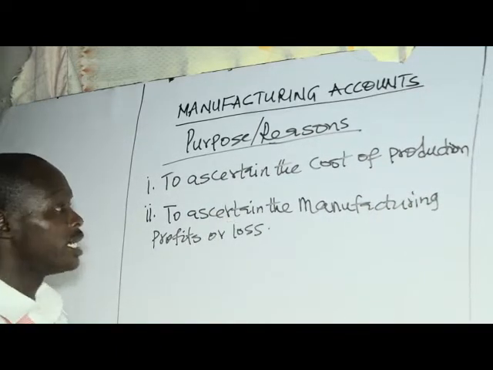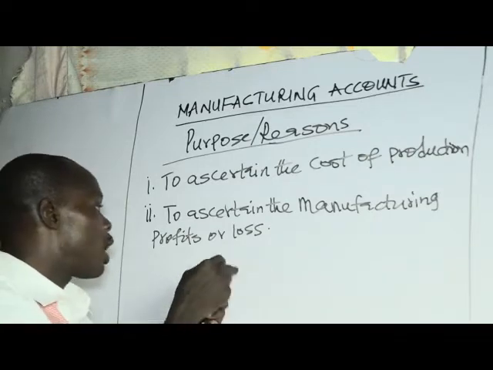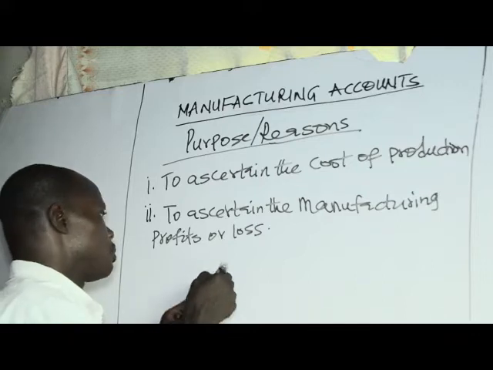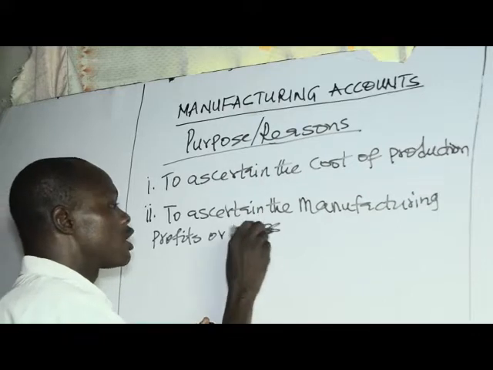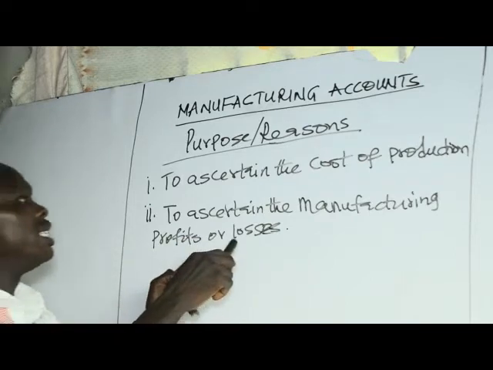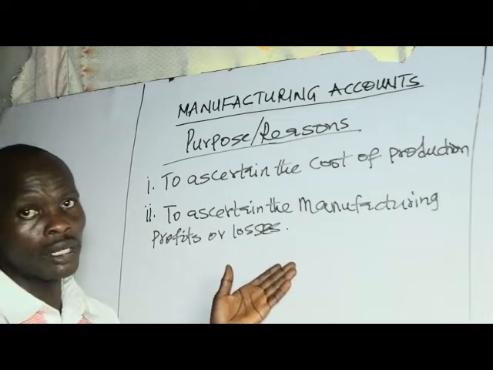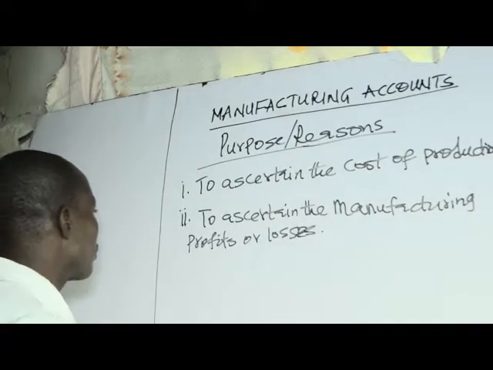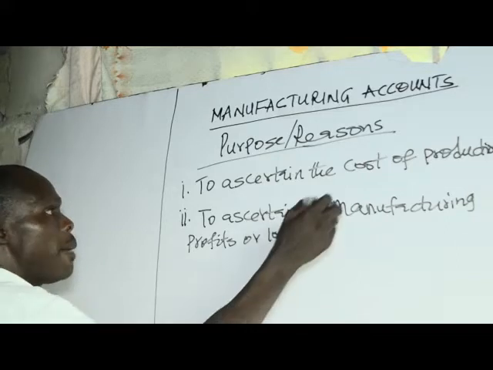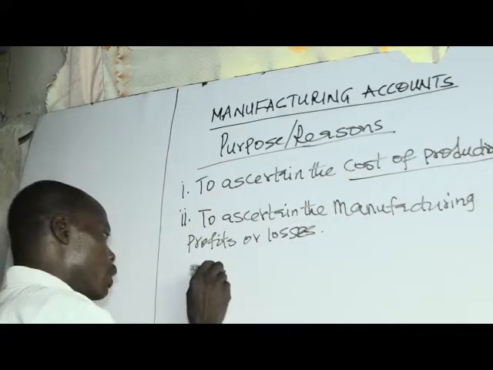That is, to ascertain the profits or losses on manufacturing. These are the primary reasons for preparing the manufacturing accounts. So, now remember I've told you that we prepare manufacturing account to ascertain the cost of production.